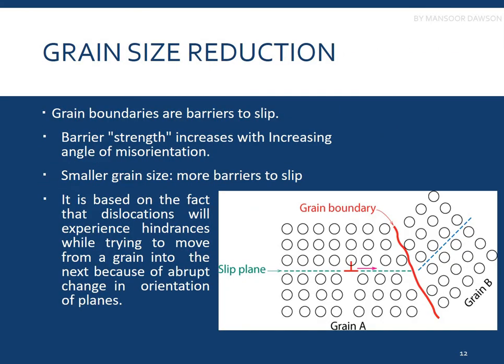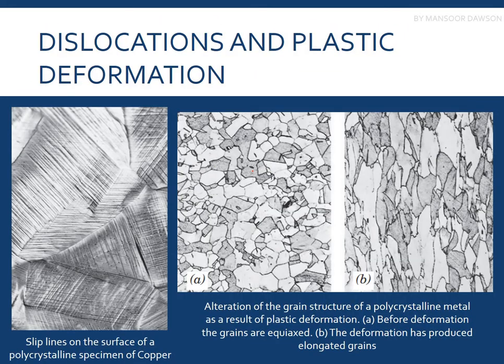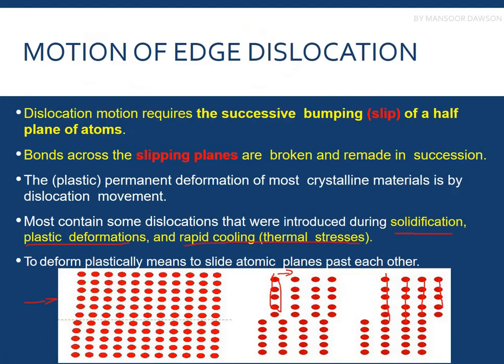Grain boundaries are barriers to slip. Basically, you can see that we saw grain boundaries in this video. In this slide, we can see that this is the grain boundary. Okay. This is a coarse grain, and you can see this grain and this grain. So these are the grain boundaries that separate two different grains.